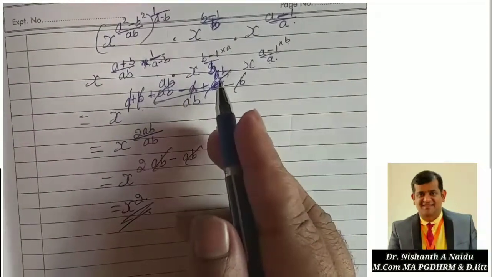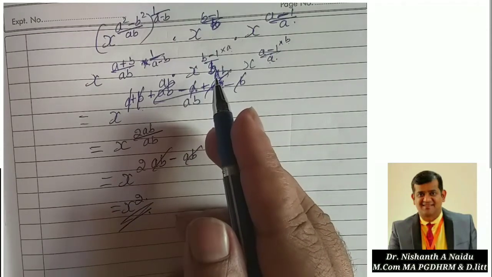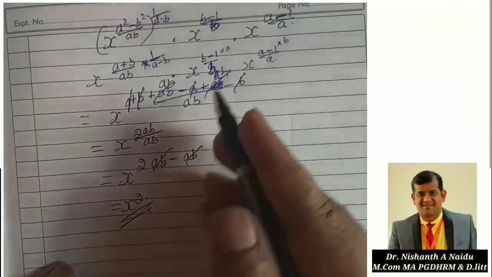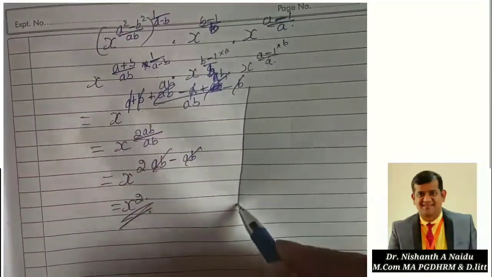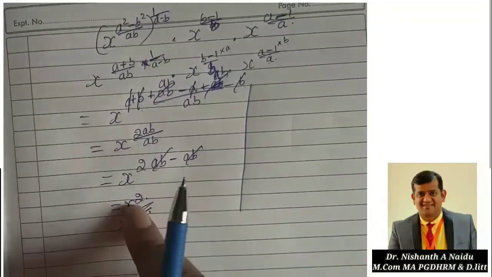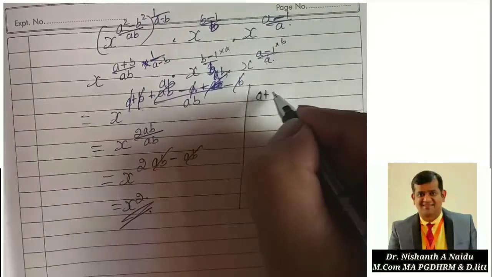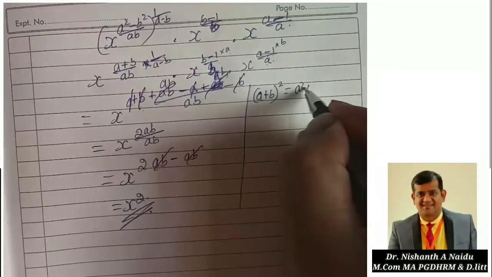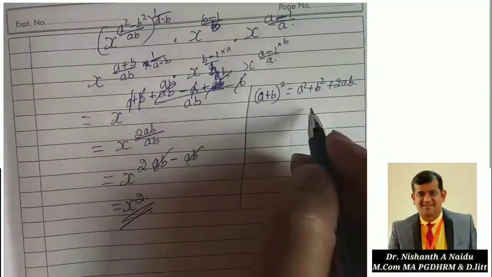You should remember that we always go with formulas. I have already taught you that formula, that is why I never repeated it again. So if you want, you can remember this formula. Wherever we go with this kind of problem, A plus B whole square equals A square plus B square plus 2AB. You should not forget this.